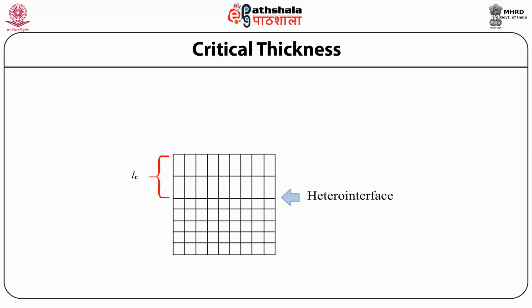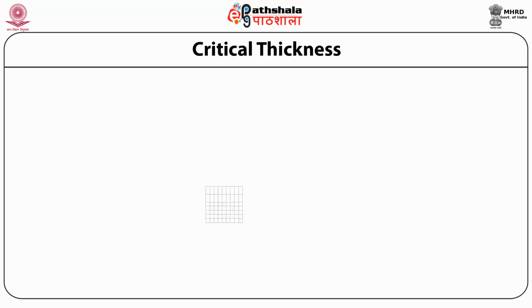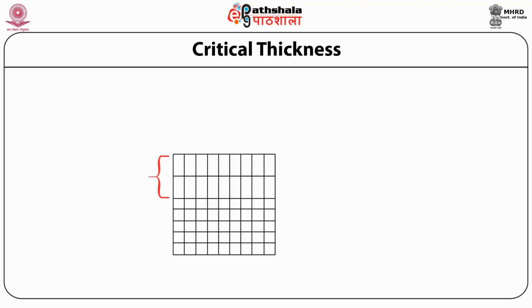There exists a maximum thickness of the thin layer below which the lattice mismatch can be accommodated through strain, as evident from this figure. There is a critical thickness that is indicated by LC.